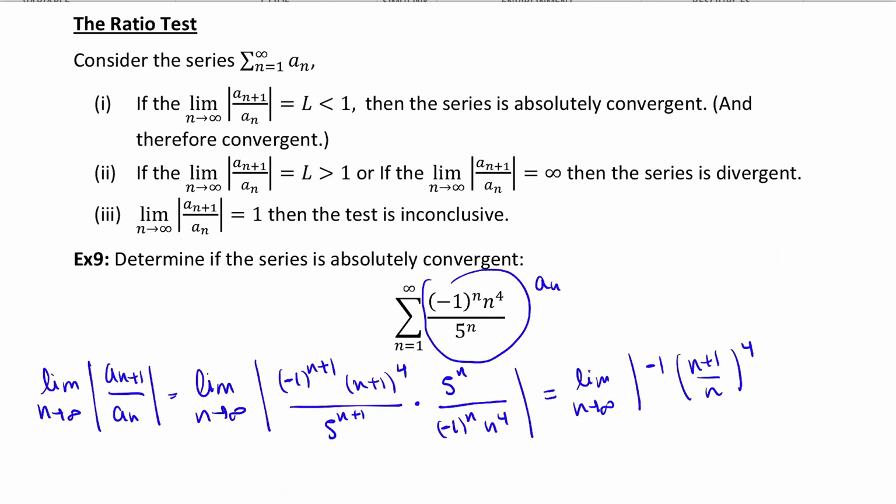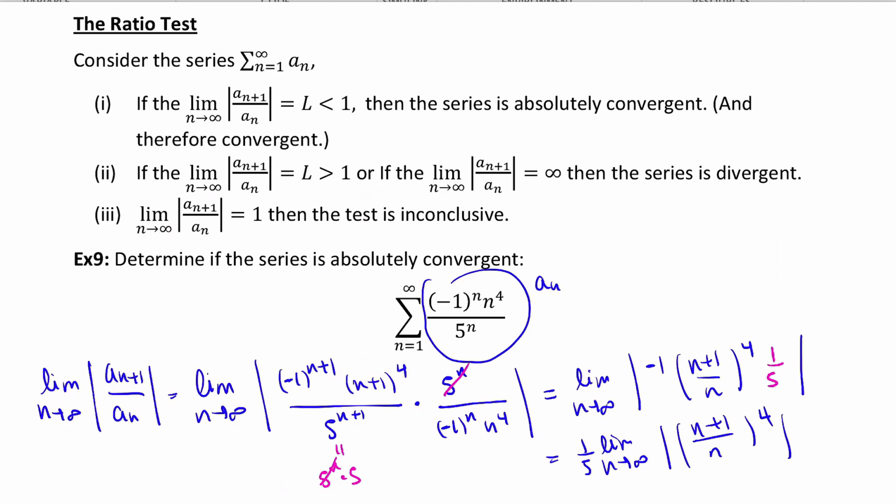Then 5 to the n plus 1 is just 5 to the n times 5, so I can cancel 5 to the n with 5 to the n, and I get 1 over 5. So this is 1 over 5 times the limit as n goes to infinity of the absolute value of n plus 1 over n, to the fourth.